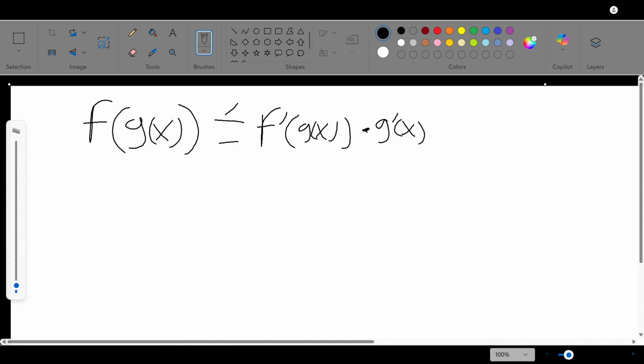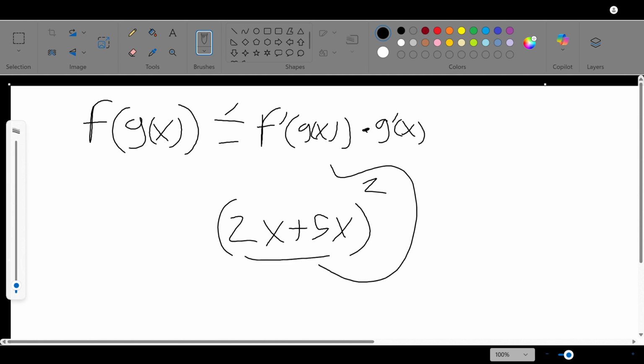Now, what do I mean by this? Let's say you have 2x plus 5x to the power of 2. This will constitute the outside function, and this will constitute the inside function right here. First, we find the derivative of the outside function, and that's fairly easy.